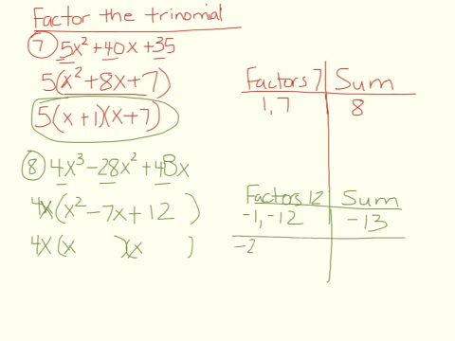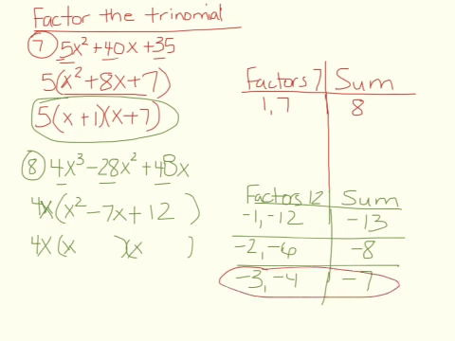Then negative 2 times negative 6 is positive 12, but that sum is negative 8. And negative 3 times negative 4 is positive 12, and that sum is negative 7. So this is the correct one that we want. So x minus 3 and x minus 4 is the factored form of that trinomial. So that negative 3x and negative 4x would give us the negative 7x in the middle.